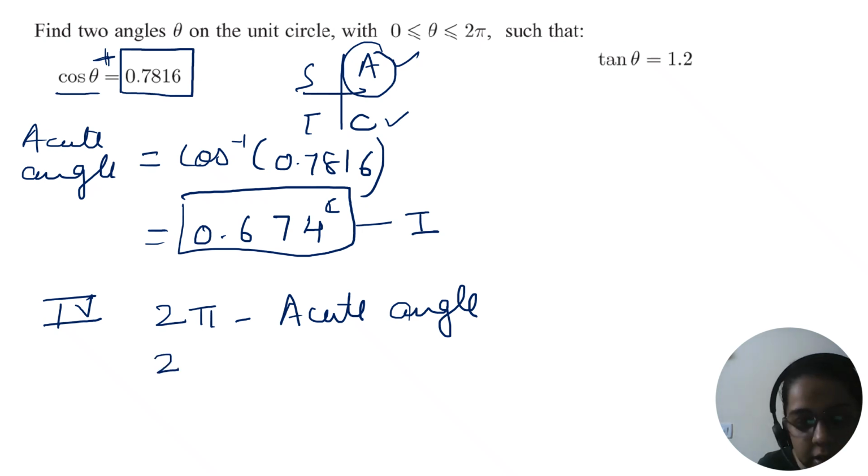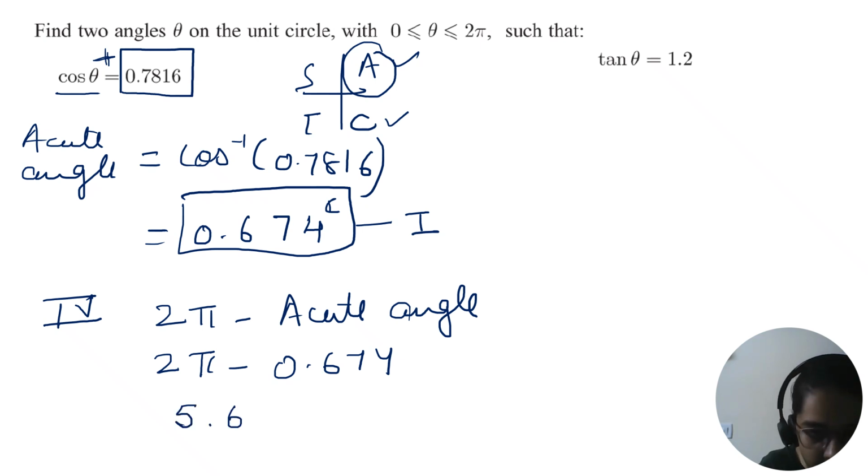So that is 2 pi minus 0.674. When I put this in my calculator, I get 5.61 radians. Easy. Let's try this for tan theta equals 1 by 2.